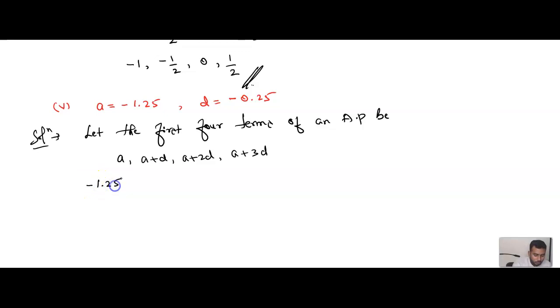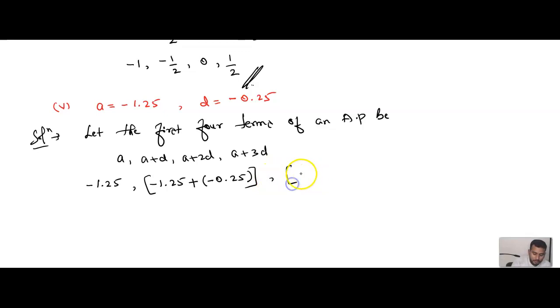Minus 1.25 comma A value minus 1.25 plus D value we write in bracket minus 0.25. Got it? This complete term is one term. If you are getting confusion, we can maintain the brackets. If you get confused, you can maintain this as one bracket.